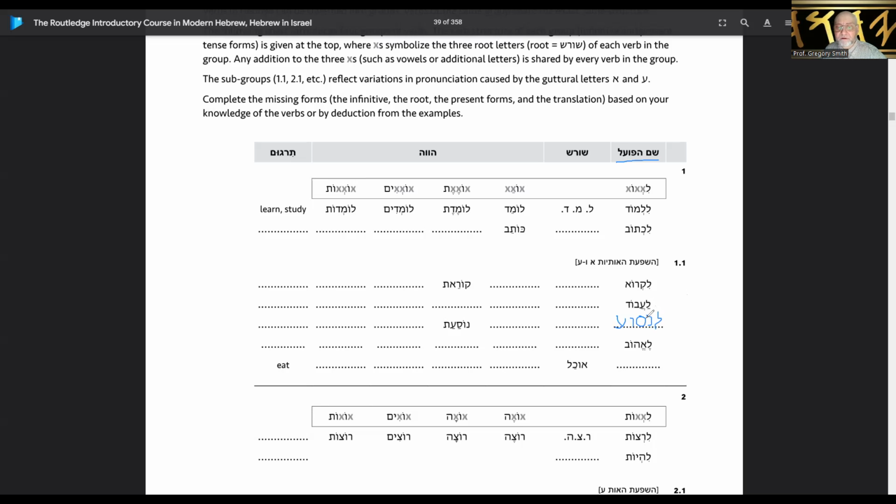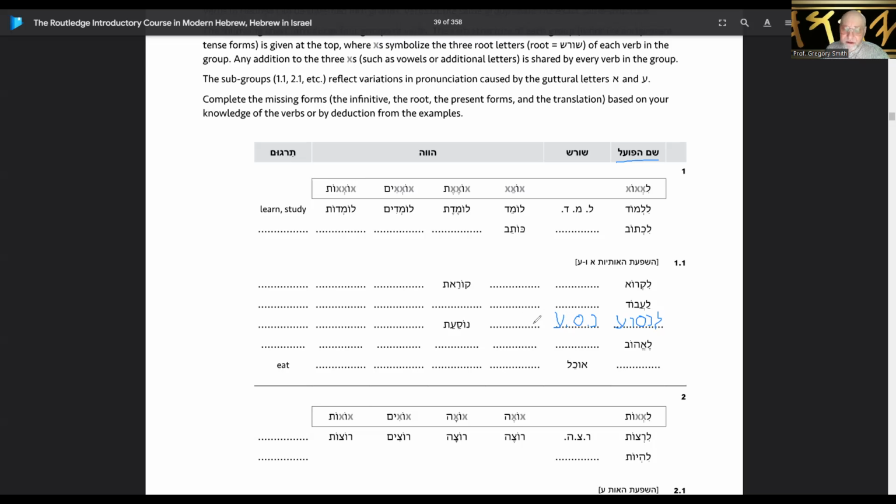So to drive, to travel, to ride. Could be any of those. And then what would go here would be the root. So you've got the nun, the samech, and the ayin. It comes from nun, samech, ayin, root.